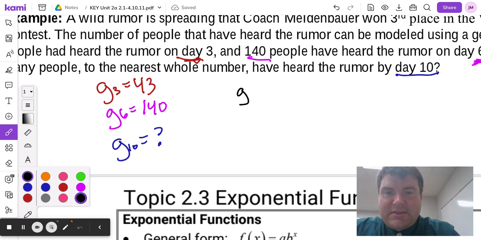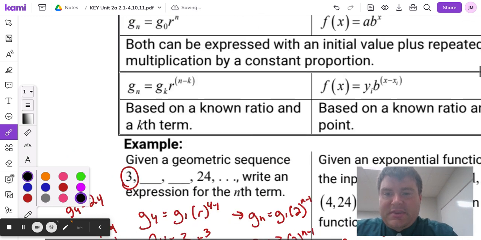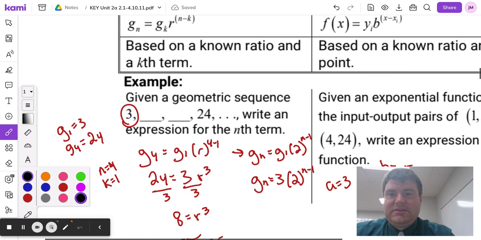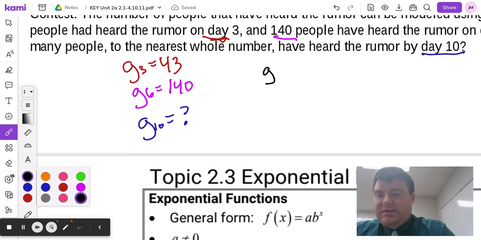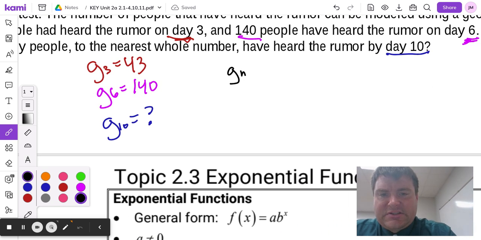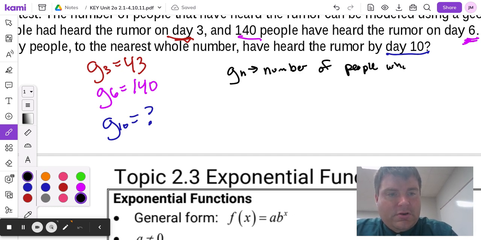Okay, so using this form right here with G sub n equals G sub k, I'll use G sub n. What does this represent? This represents the number of people who heard the rumor.